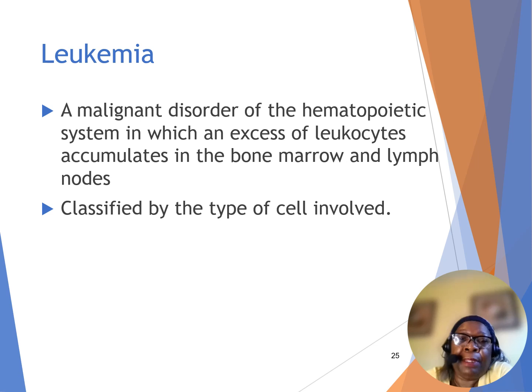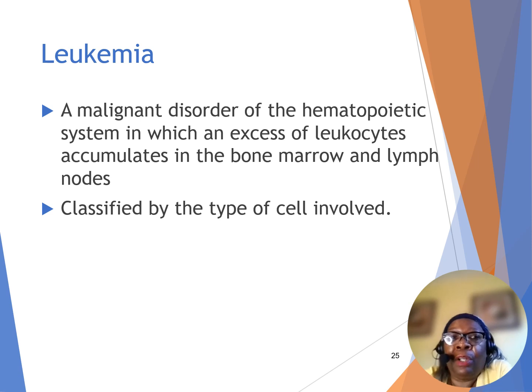Now let's talk about leukemia. Leukemia literally means white blood. It is a cancer of the bone marrow which produces WBCs. There are several types, but I want you to know that ALL affects mostly children.